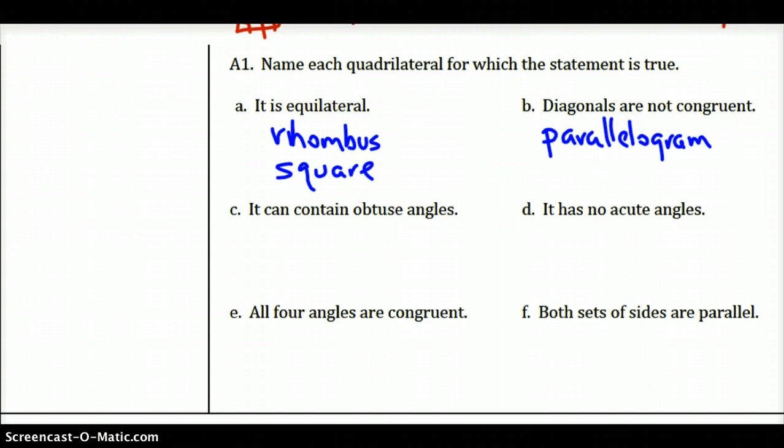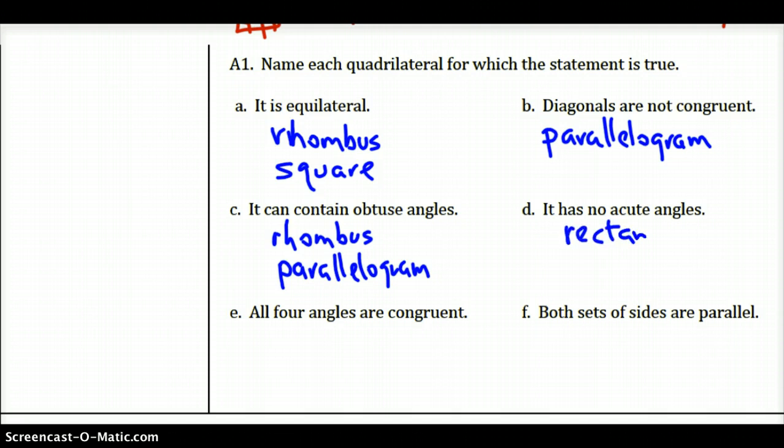Can contain obtuse angles: a rhombus can, and a parallelogram can. Has no acute angles: a rectangle has 4 right angles, and so does a square.